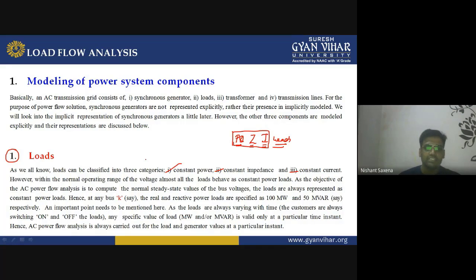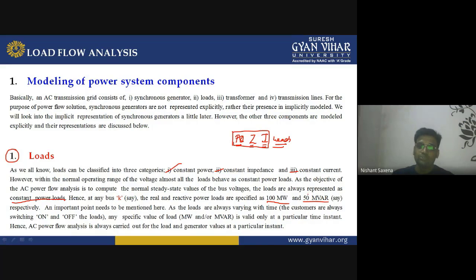As the objective of the AC power flow analysis is to compute the normal steady state values of the bus voltages, the loads are always represented as constant power loads. Hence, at any bus K, assume the real and reactive power loads are specified as 100 megawatt and 50 MVAR.